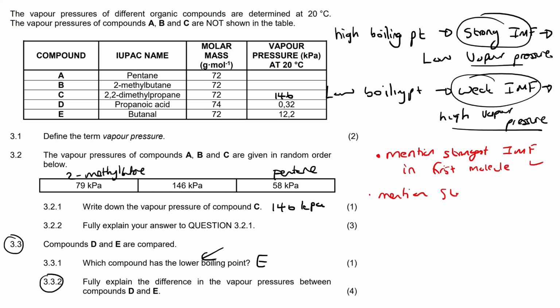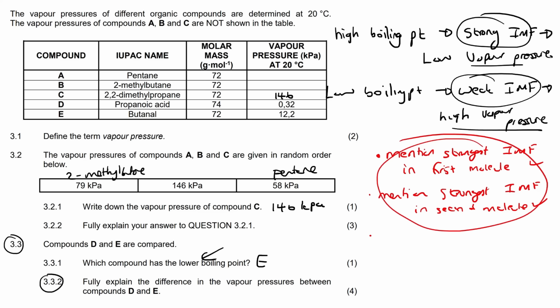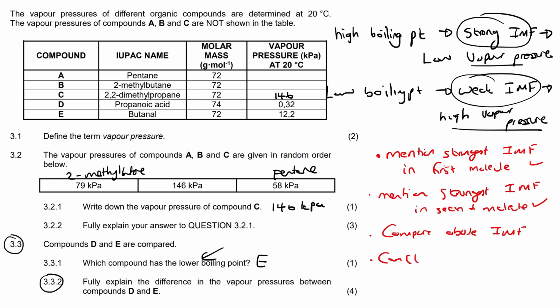Then you're going to mention the strongest intermolecular force in the second molecule. That'll get you another mark. Then in your third step you compare those 2 intermolecular forces together, so compare the above intermolecular forces and then conclude. That is how you get your 4 marks in these types of questions.